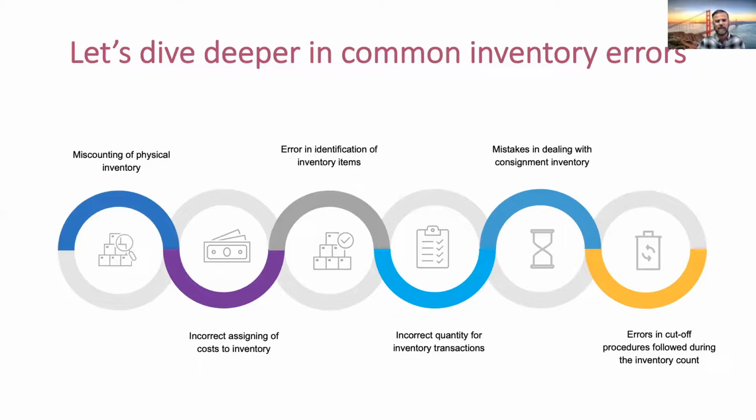A little bit deeper on what type of inventory mistakes people end up making is miscounting of physical inventory and assigning the wrong cost to the inventory. Someone is responsible for putting in cost. If, say, you're using standard costing in your company, someone has to manually go in and put those costs, so they might do it wrongly. You identify inventory items.